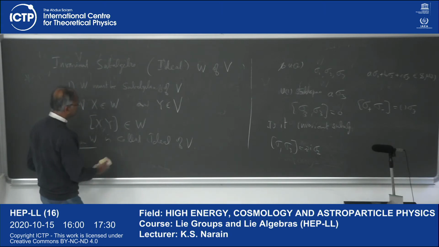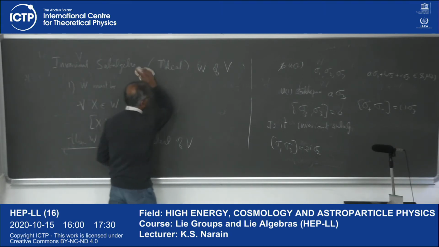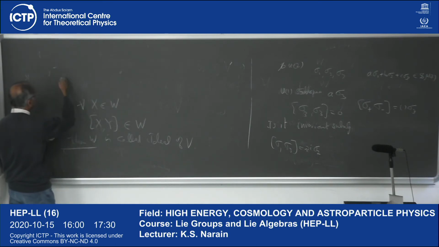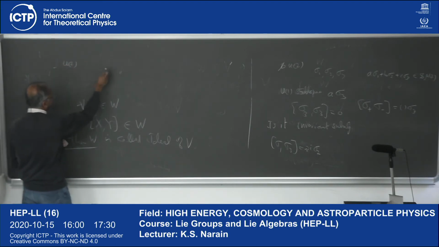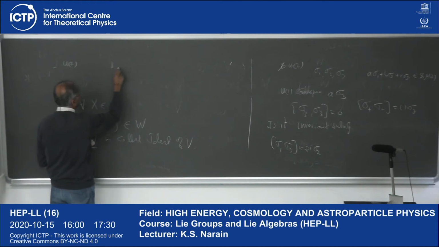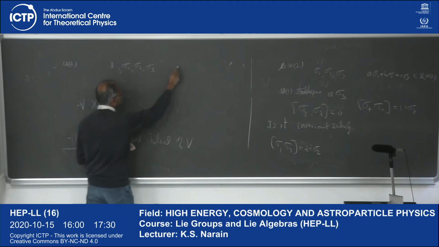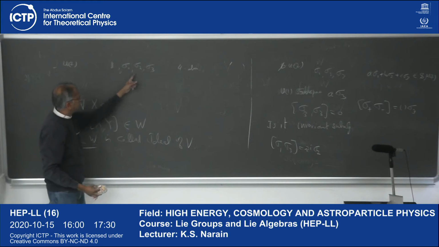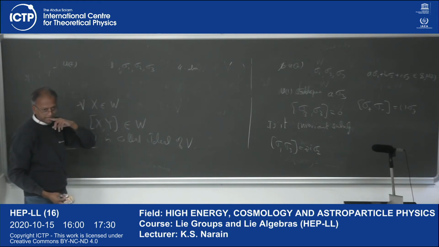But on the other hand, if you take U2, the U2 algebra is 4-dimensional. So it has the identity and sigma 1, sigma 2, and sigma 3. Any linear combination of these is part of the U2 algebra.